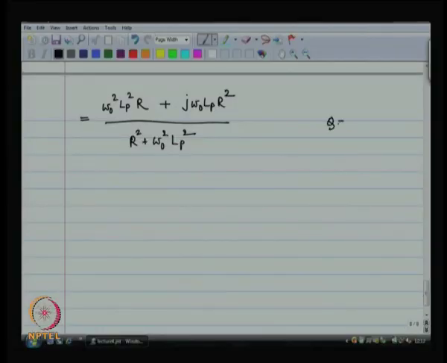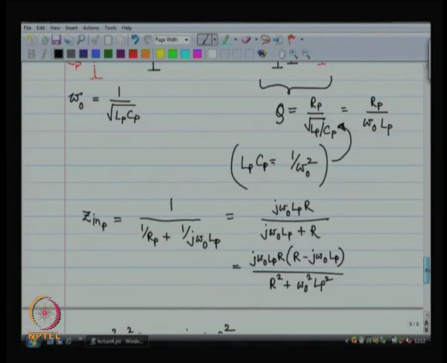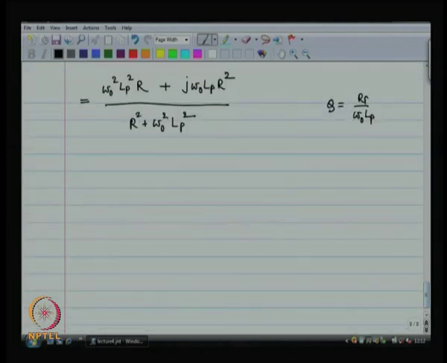Now, notice that Q is equal to Rp by omega 0 Lp from my earlier result. Okay, this is Rp. I am sorry.